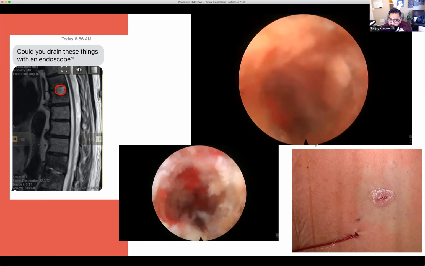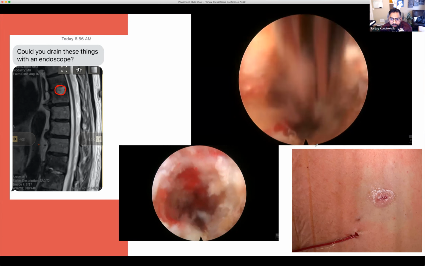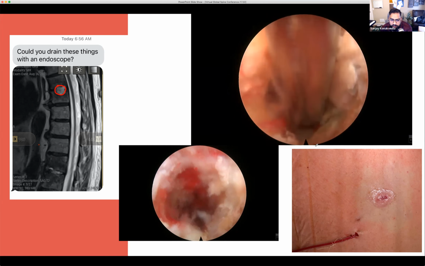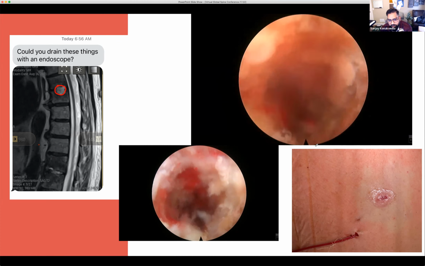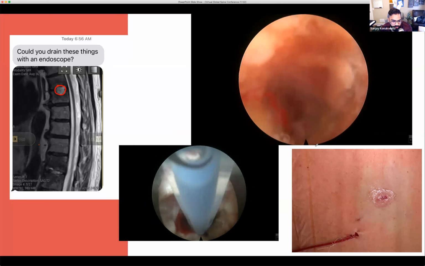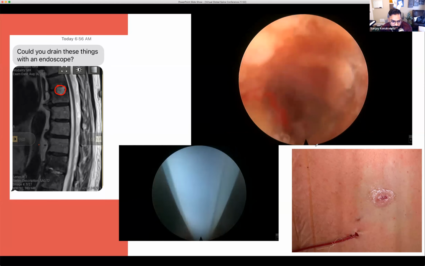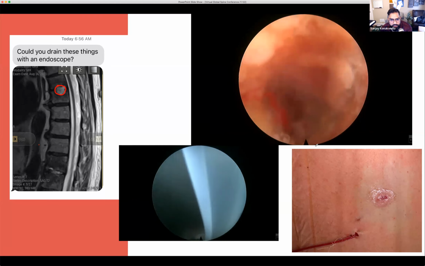The advantage of having this continuous irrigation is that there's antibiotic in this fluid, right? So we're continually washing this out as we're expressing this fluid. We take some graspers in that disc space and really clean out a lot of that phlegmon. So, we're able to drop a drain in there as well, and keep it in there for a few days.